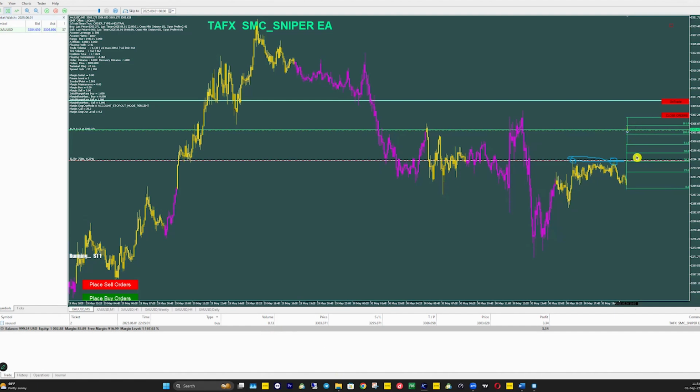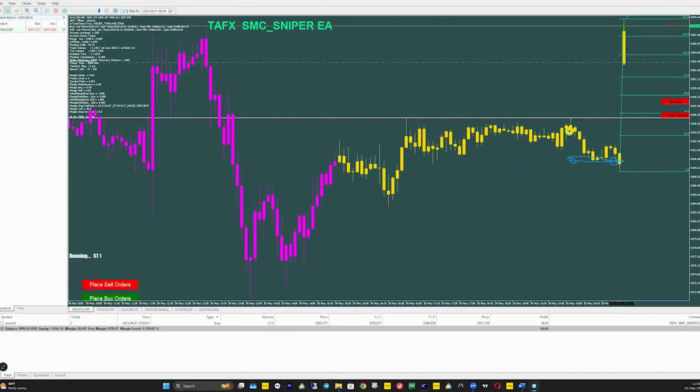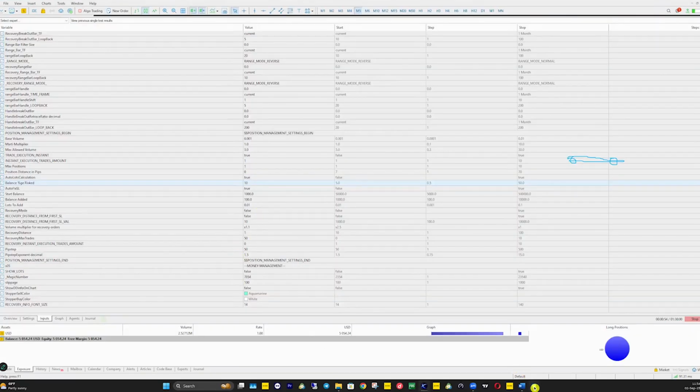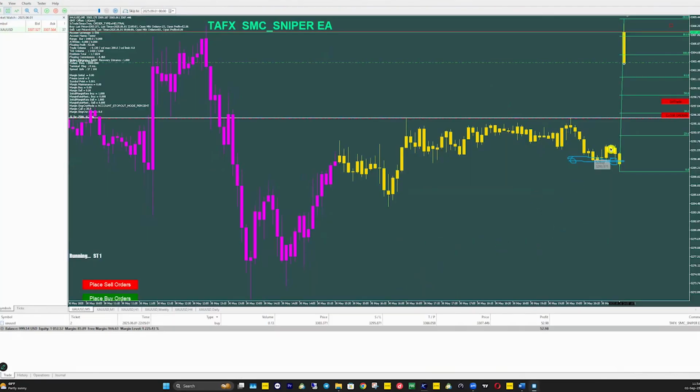And if the market reverses to this point, we are going to lose what was our risk, 10% of our equity. So this means if this market reverses and hits your stop loss, we are going to lose 10% of our equity, which is $100. You are still good to go, because $100 is 10% of your equity.